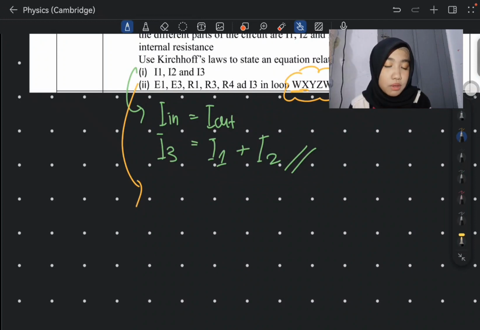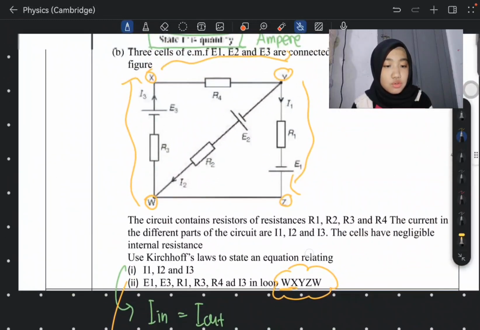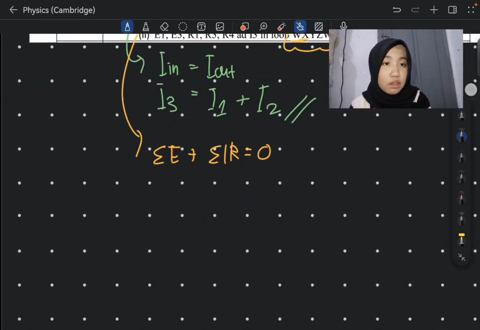If you remember the formula, sigma E plus sigma IR equals 0, we are about to use that formula. Starting from the point W, going upwards here, we meet E3, except we meet the negative part of E3, so instead of just writing E3, we will write negative E3.